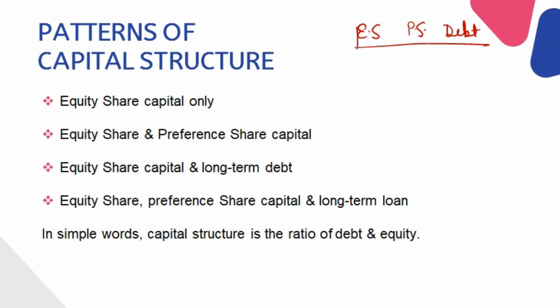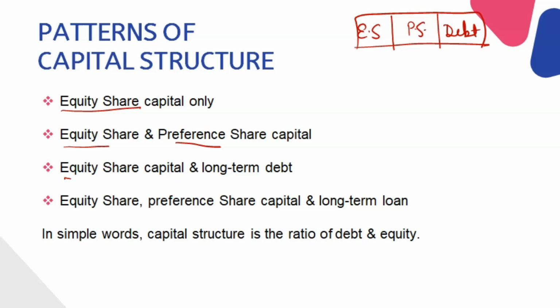If we talk about these three, there are four patterns. Either we can include complete equity shares in our capital, or we can include equity as well as preference both. This can be our capital structure.